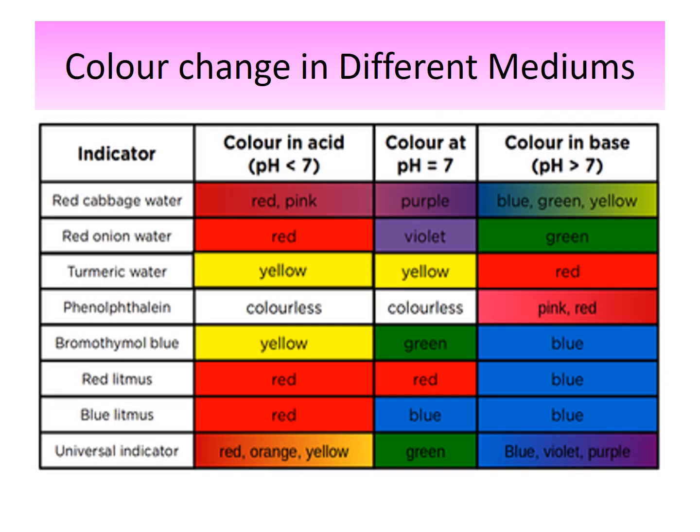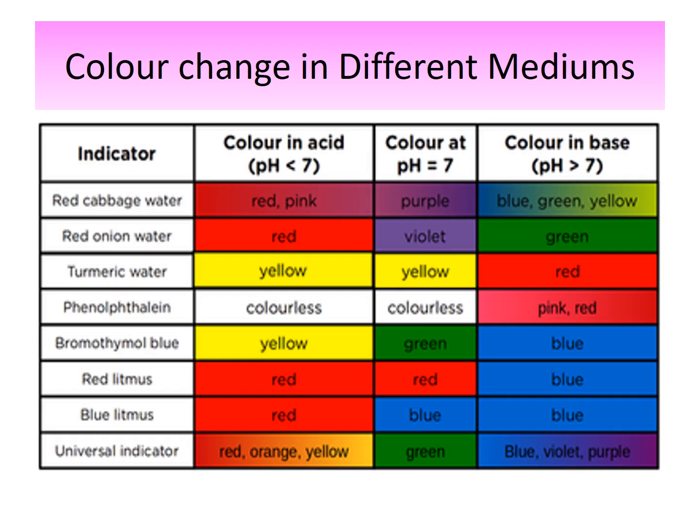Again this slide shows some more indicators. As you can see, red cabbage water, red onion water, they also change their color in the acidic medium, which is having the pH less than 7. Then color at pH equal to 7, that means the medium is neutral, and the basic medium has the pH greater than 7.